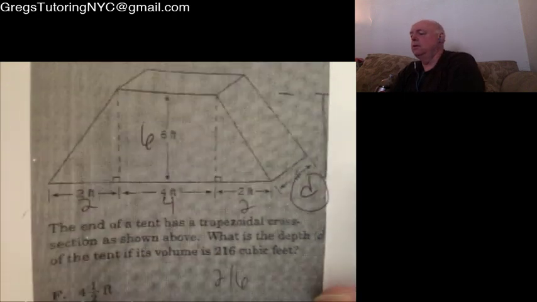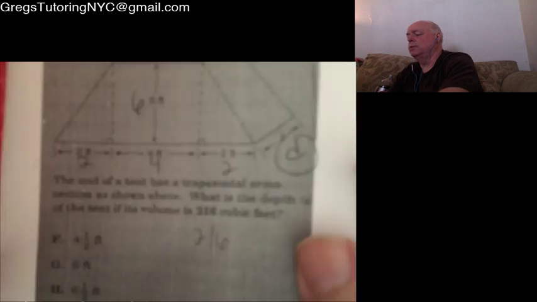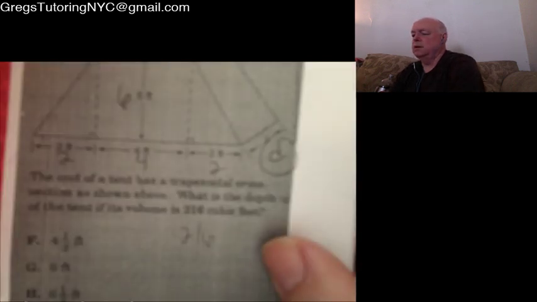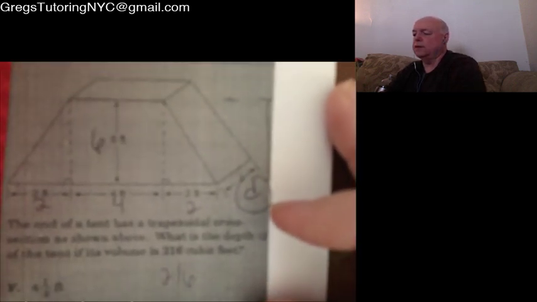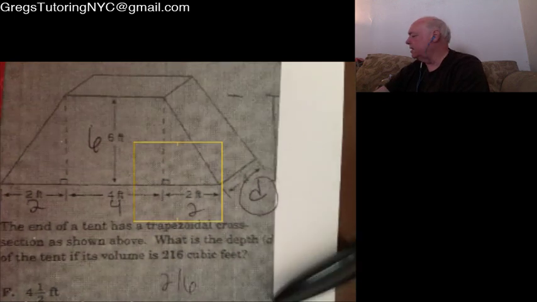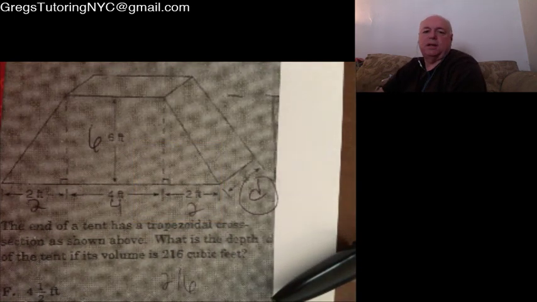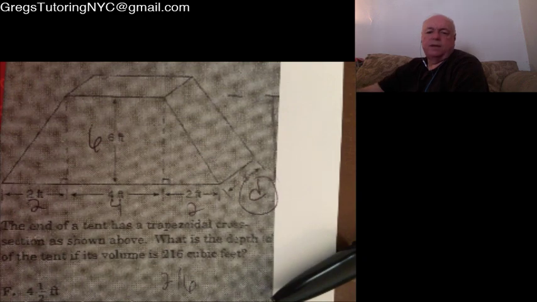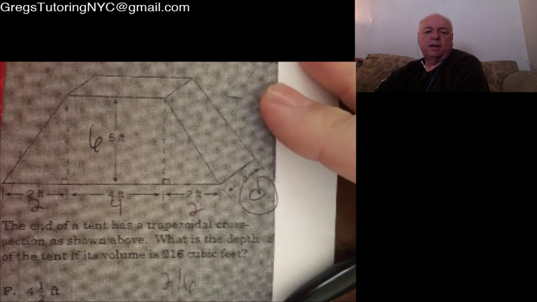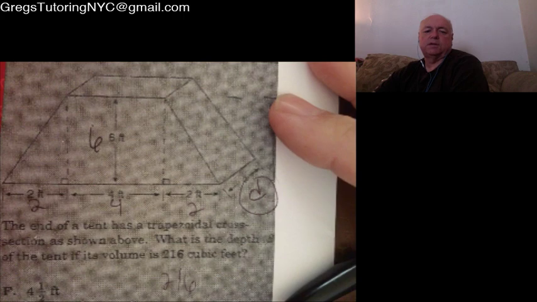All right. So for enough kids, this is going to throw you off. So again, we can look at the answers. That's half cheating. So what is the depth of the tent if the volume is 216 cubic feet?